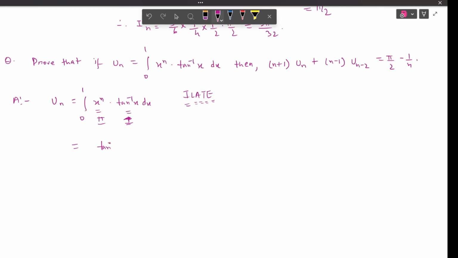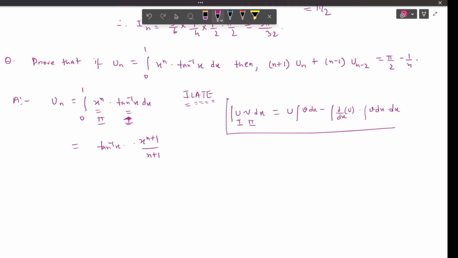So tan inverse x, integration of x to the power n, that is x to the power n plus 1 by n plus 1. See, if you have the integral of u into v dx, let us say this is your first function, this is your second function, then by parts is keeping the first function out of the integration into the integral of v dx, minus the integration of d/dx of u into the integration of v dx, again dx. This is the format of by parts.